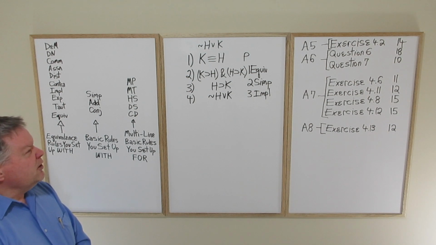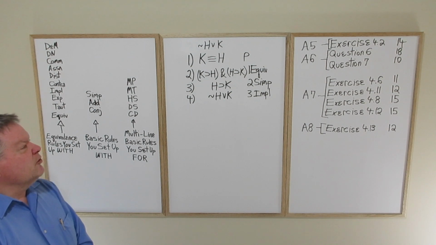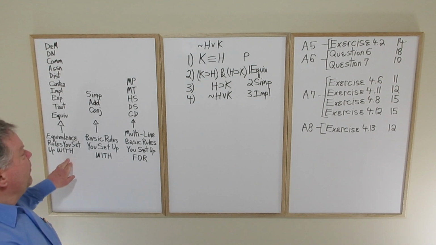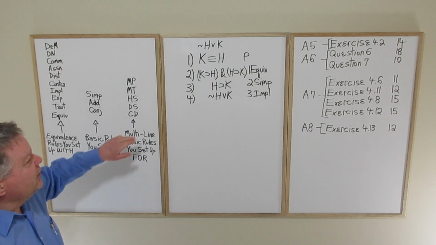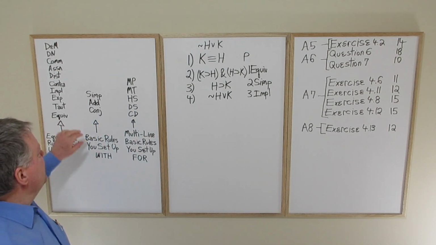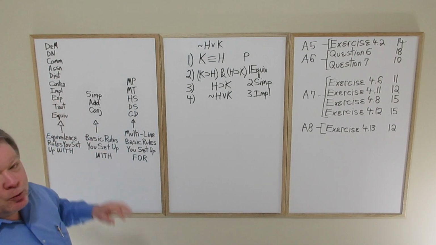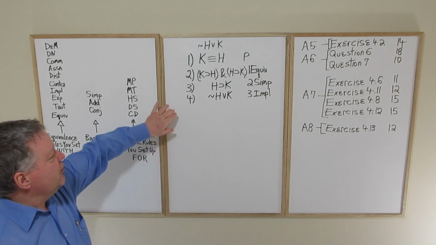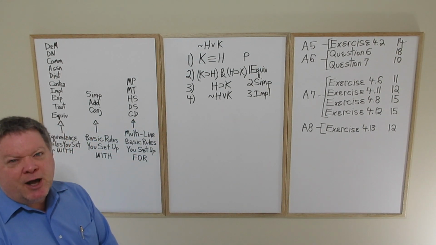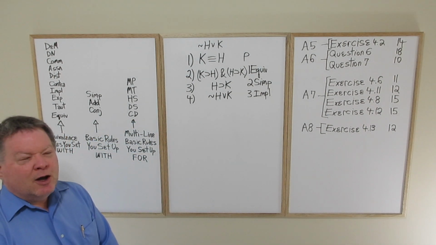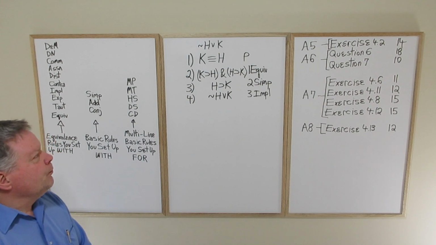So we've got a fairly short proof. The steps are equivalence, a derived or equivalence rule, simplification, one of the basic rules that you generally set up with, and finally implication, another one of the equivalence rules.